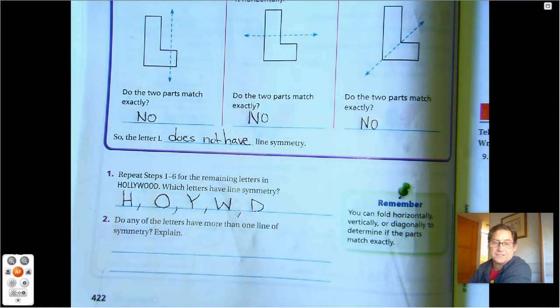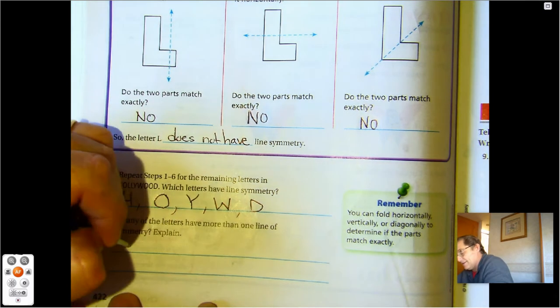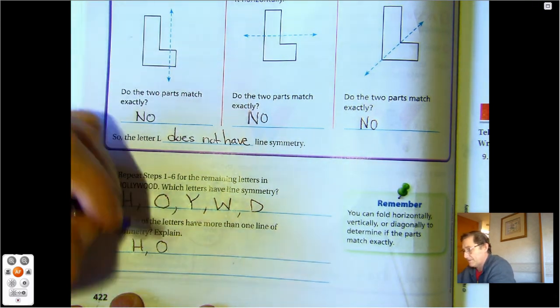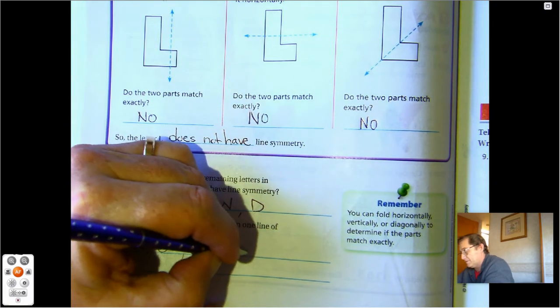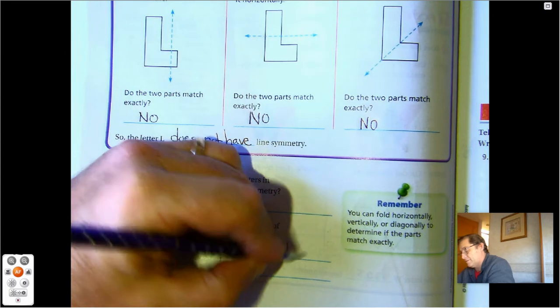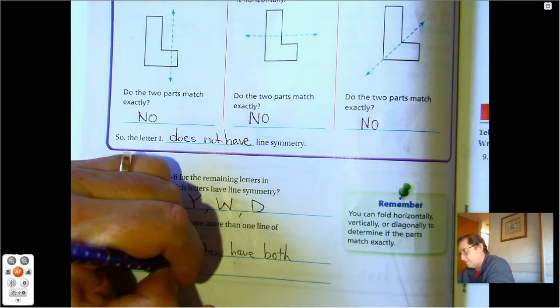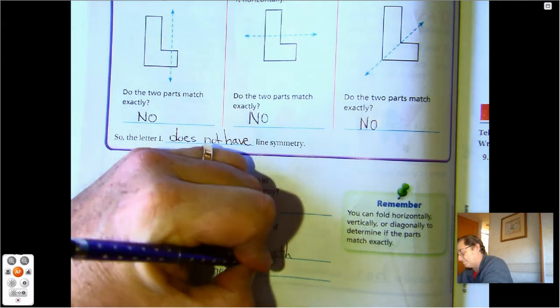So we have 5 letters. Do any of the letters have more than one line? The H does, the O does. They have both vertical and horizontal line symmetry.